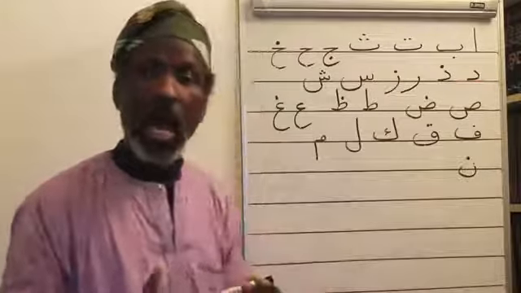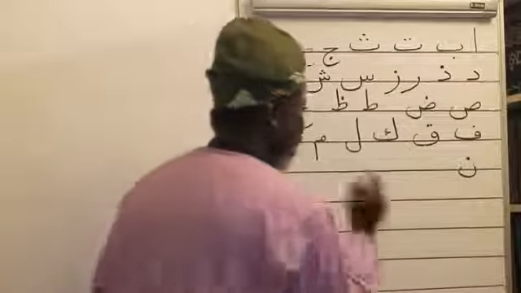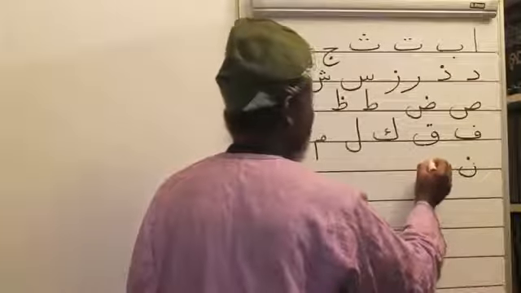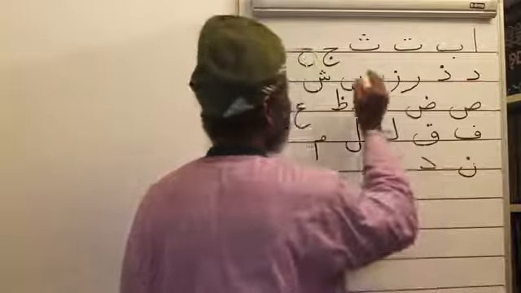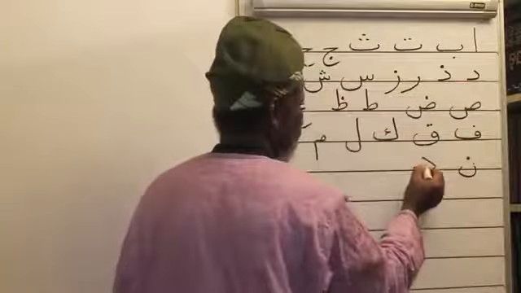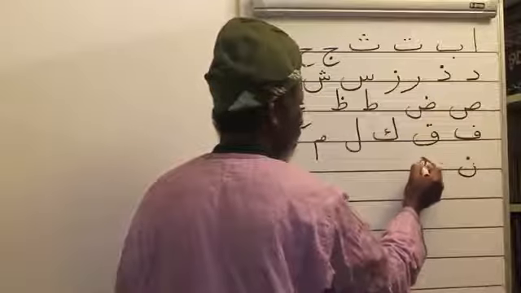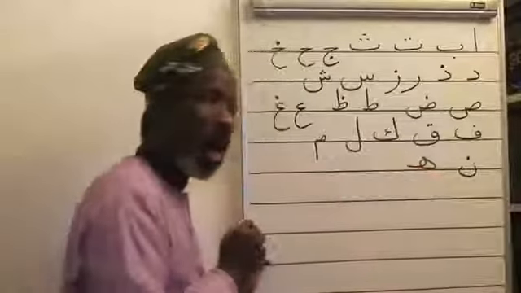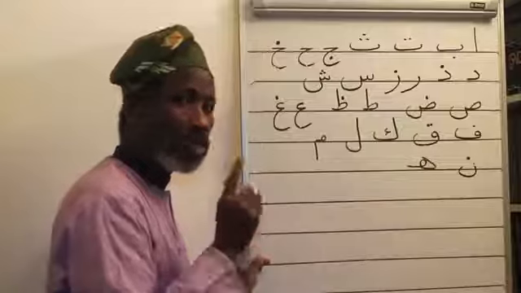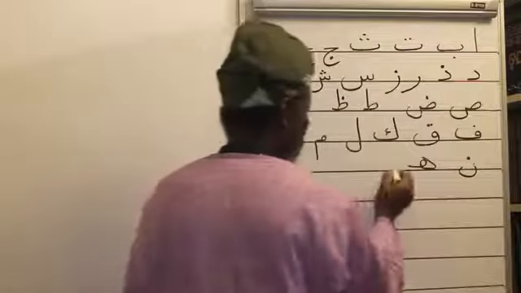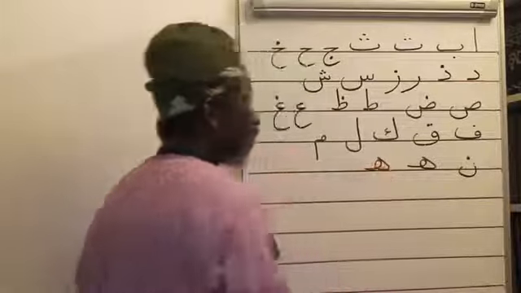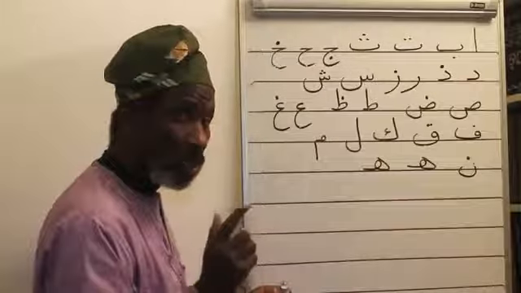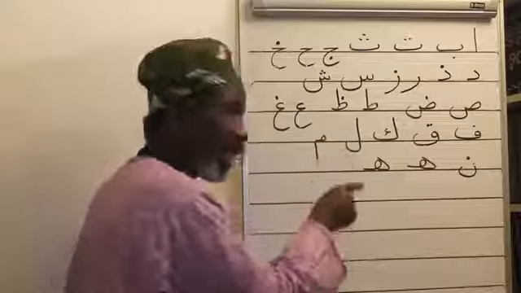Now is ha. Let's see how we write that ha. It's like a combination of this dal, and then you go inside. That's your ha. I'm going to do it again and then show you another one. Now, in isolated form, you will see that later on.